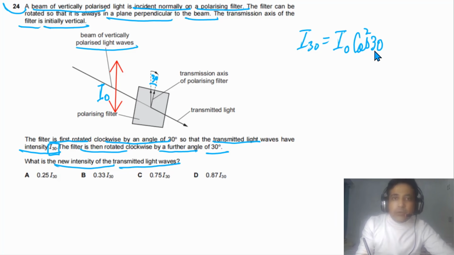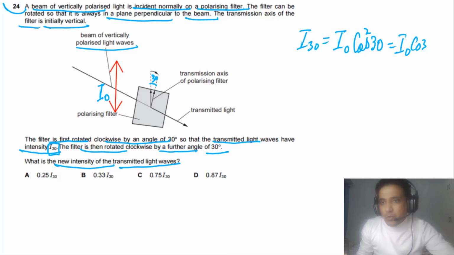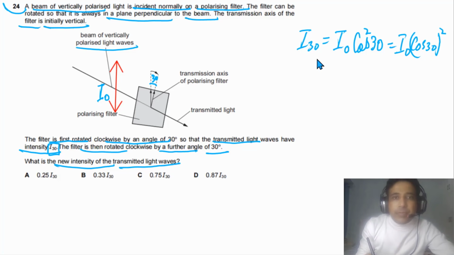I mean, cosine of 30 degrees, then you have to take the square of this quantity. And then it is given that the filter is rotated further by an angle of 30 degrees.